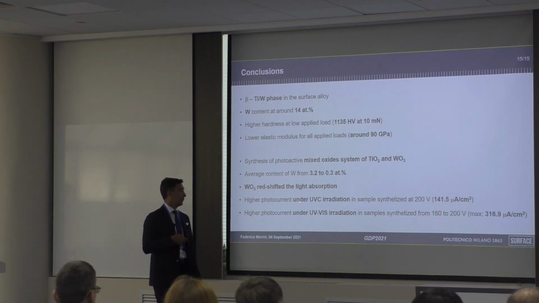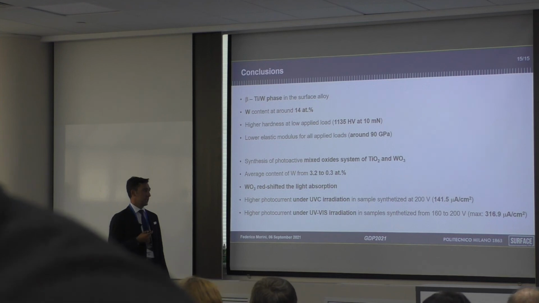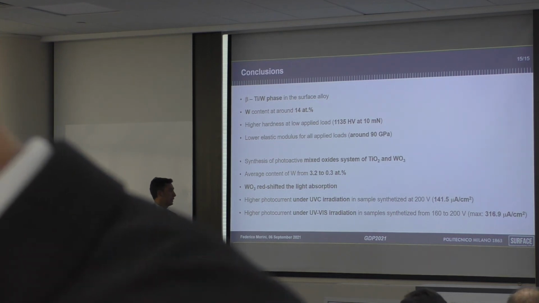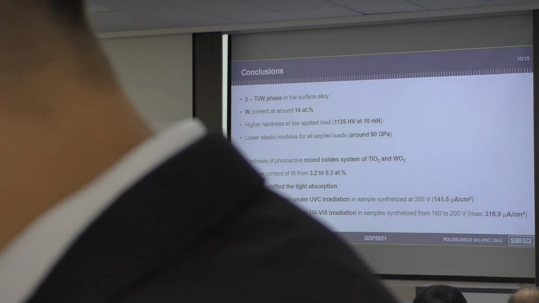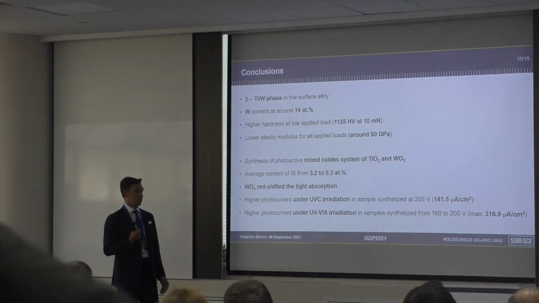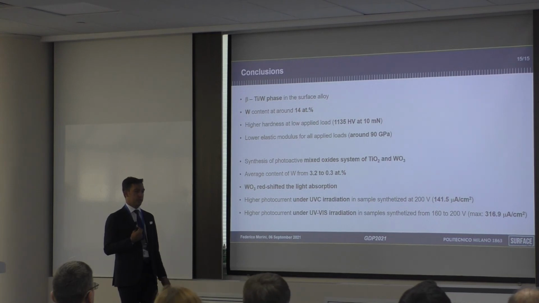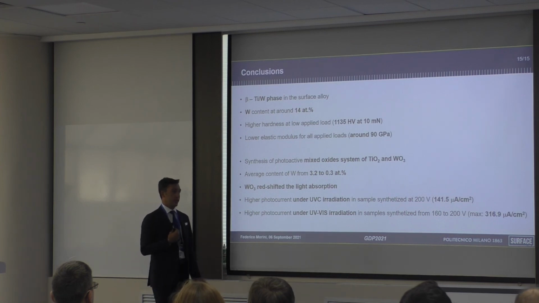In particular, under UVC radiation, this mixed oxide system shows a better photocurrent when synthesized at 200 volts, while under UV visible irradiation, it shows better results when synthesized from 160 to 200 volts, reaching values double those of titanium dioxide.